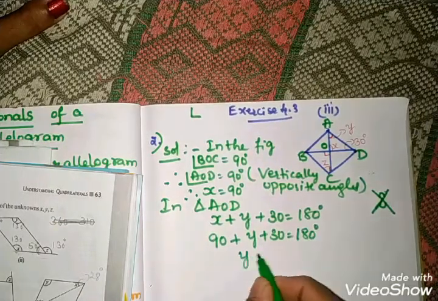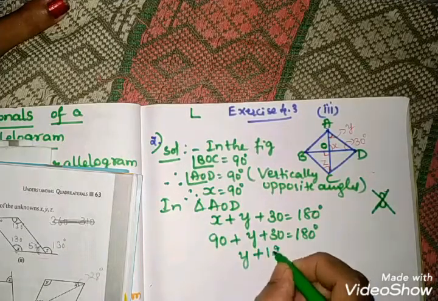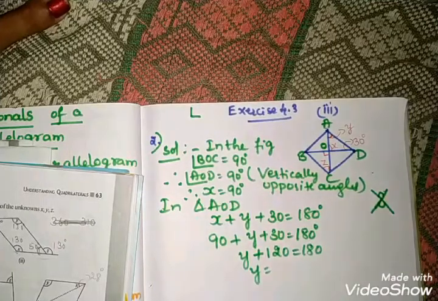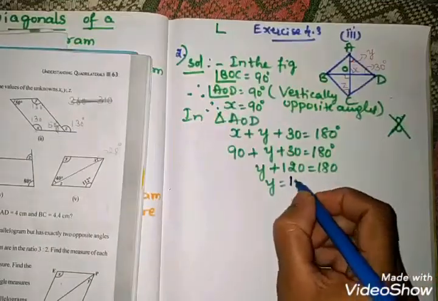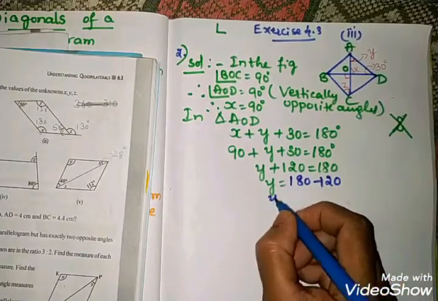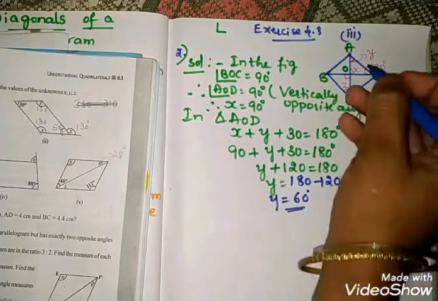Now we need y. These two we can add: 90 plus 30, 120. Y is equal to, what can we write now? Y is equal to 180 minus 120. Correct, children? Yes. Y is equal to 180 minus 120, 60 degree. Y we got, x we got.